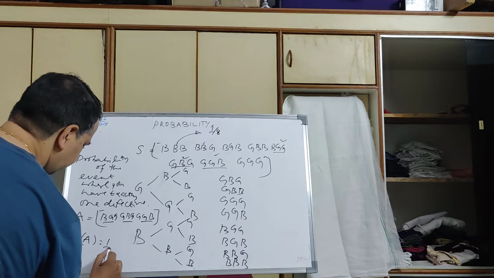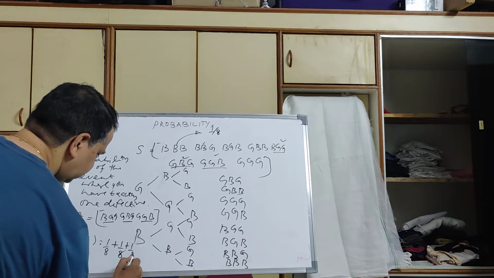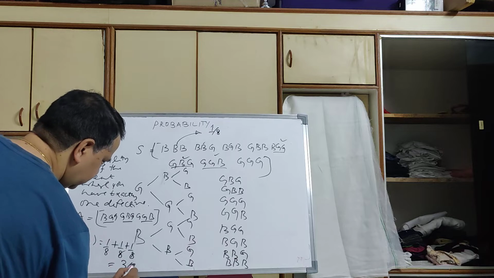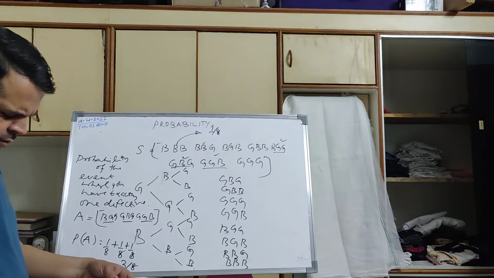It will be 1 by 8 plus 1 by 8 plus 1 by 8, which is equal to 3 by 8. Clear? So you can take a picture of it. This is how we get the probability.